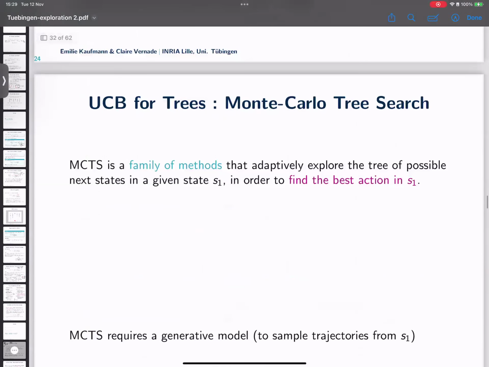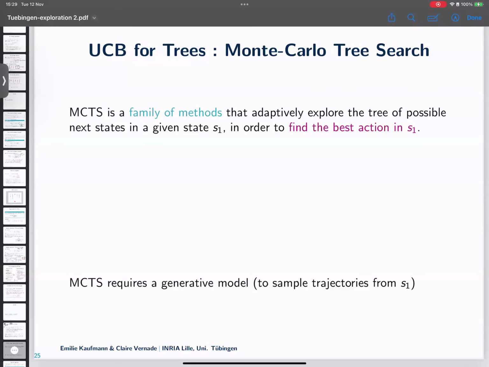So how does it work? MCTS, Monte Carlo tree search, is the idea of planning, but with access to a simulator. So right now, I'm in state S0. And in my state S0, I have, let's say, a finite number of actions. And I don't know any of them. So the first thing to do, I'm going to play with my own internal simulator.